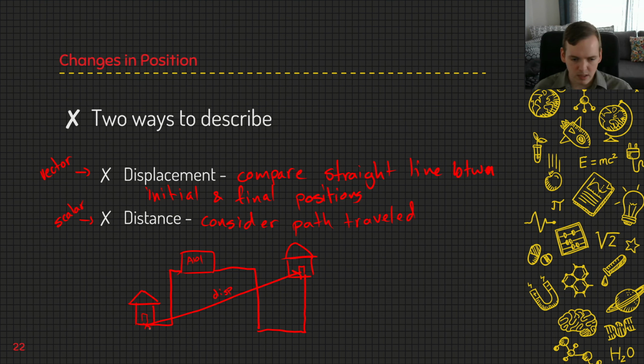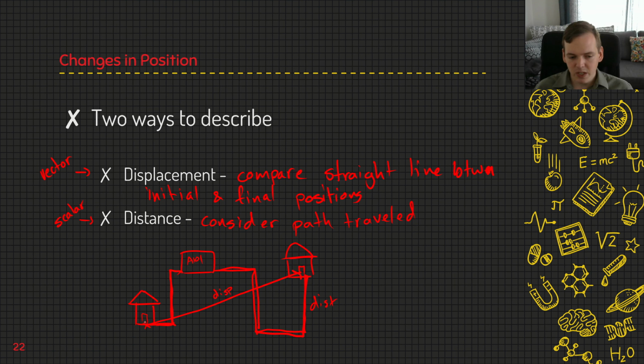But your distance is the total, all the blocks you traveled. If you laid down a string and measured how long that string is, that's your distance. So displacement will often be smaller than distance. In fact, you can't have a displacement longer than a distance, but you can have a distance that's the same as displacement.